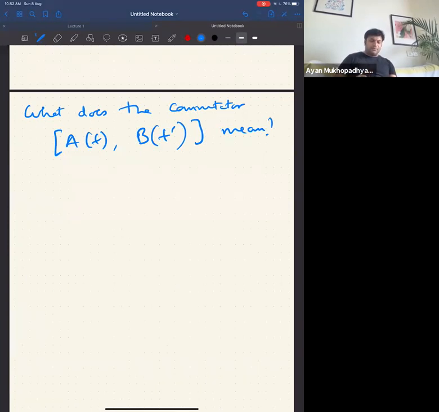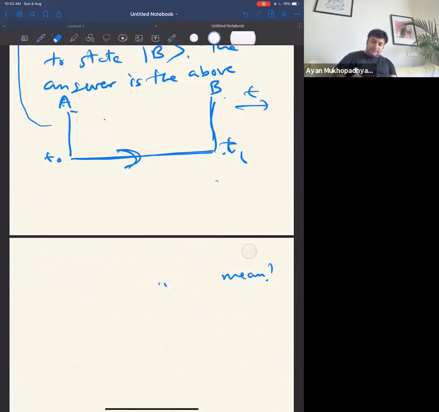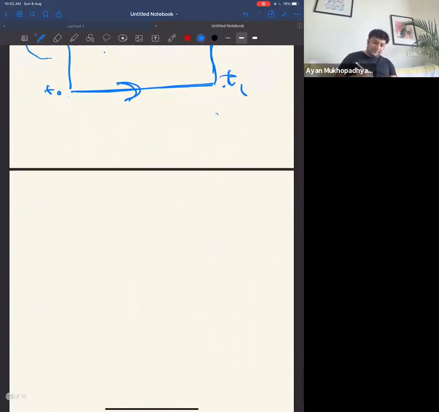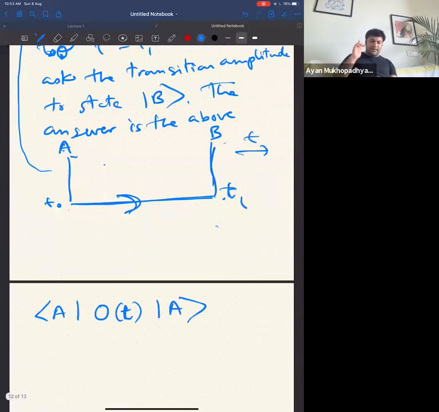All right, but before that, I wanted to say something else. Now, if you want to compute the expectation value of an operator A(t) in a certain state, but before that, let me make a comment.